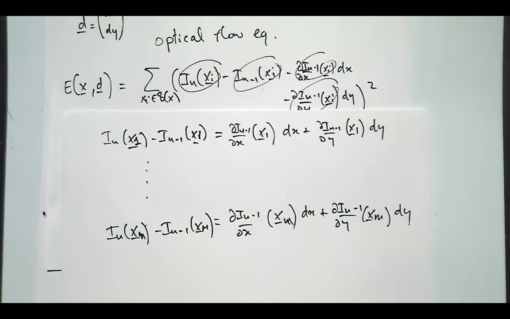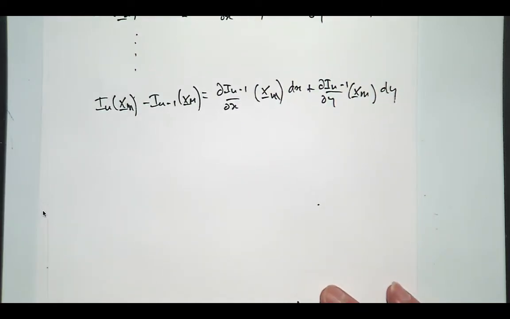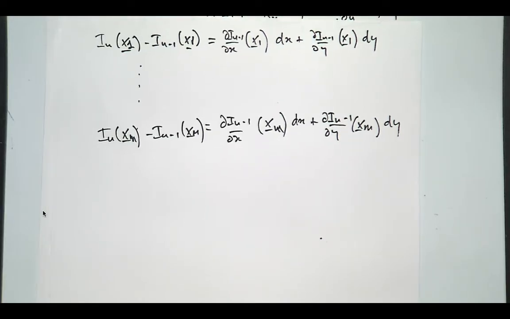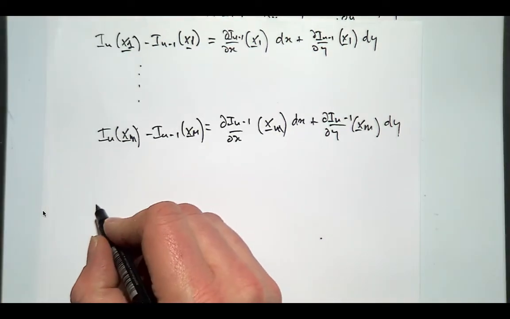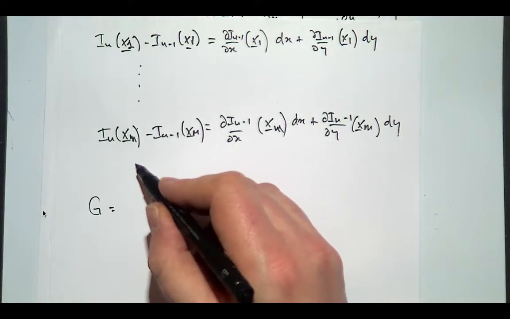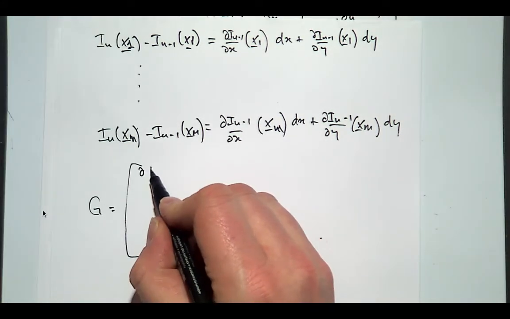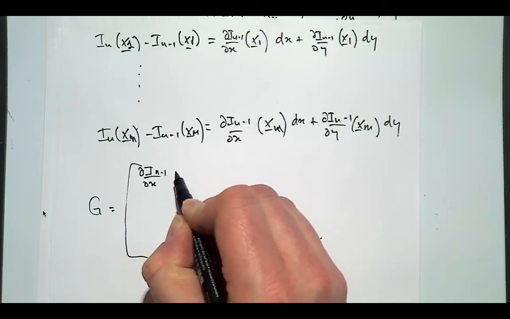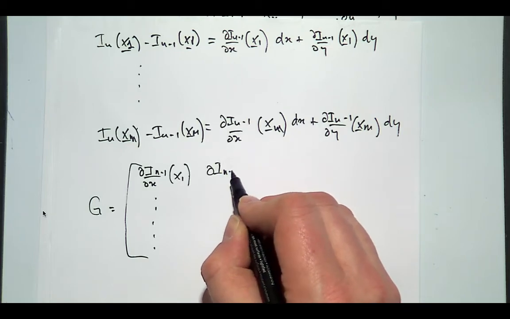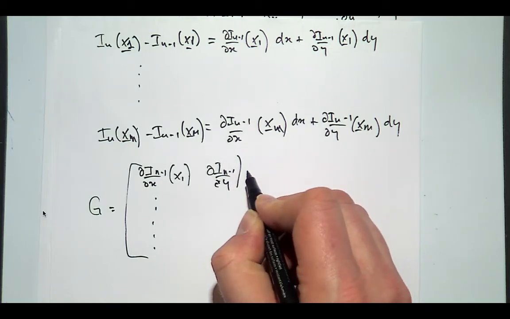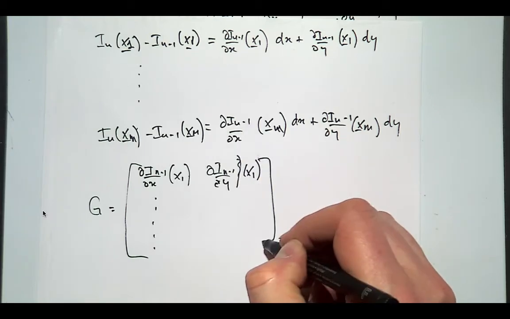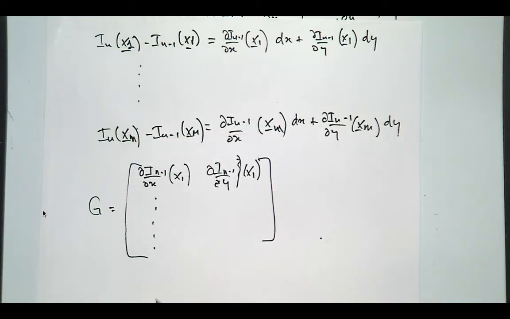The simplest way to go about solving that is through matrix notation. So you have a big matrix called G, which will contain all the gradient in X, and then all the gradient in Y. And then you have here the difference.